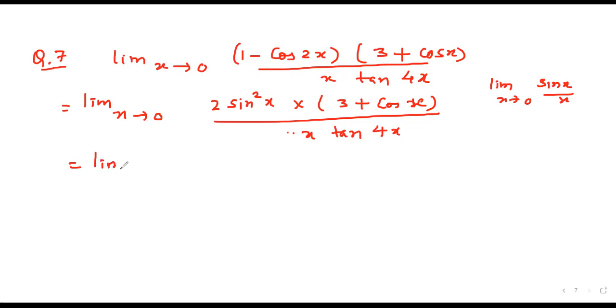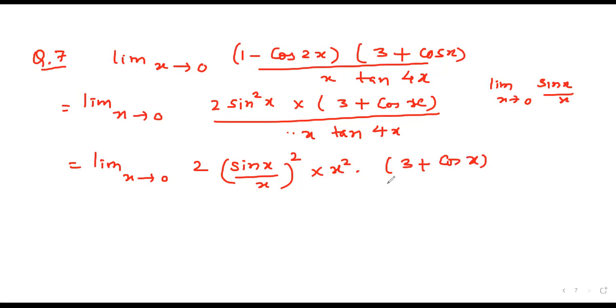So we can write it limit x tends to 0 twice of sine x upon x whole square times, here I have divided by x square. So to cancel it, I can multiply by x square. Now this can be written 3 plus cos x divided by x times tan 4x divided by 4x multiplied by 4x.